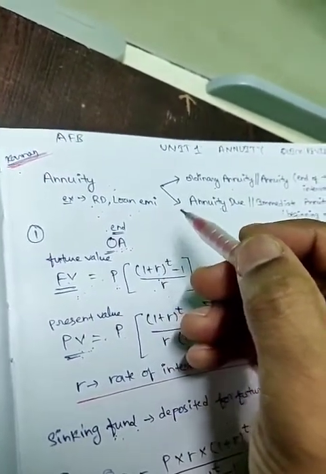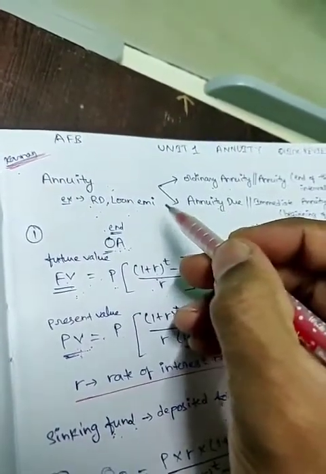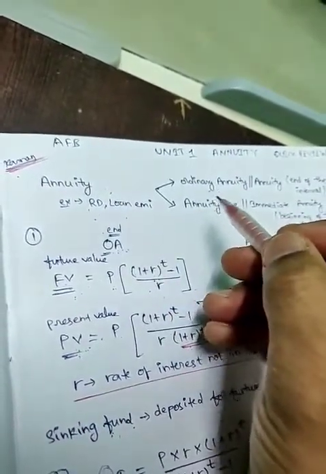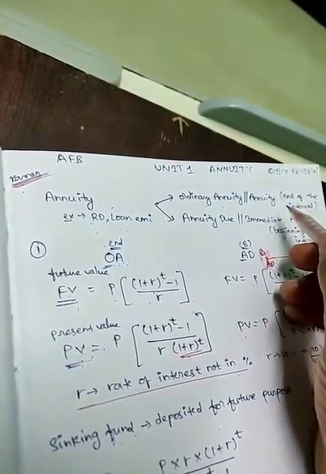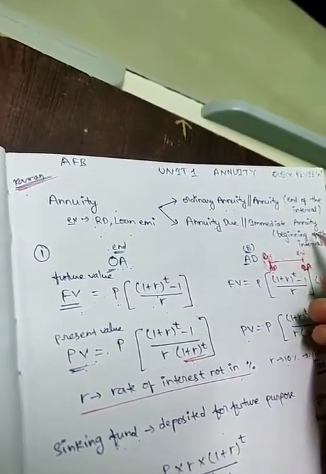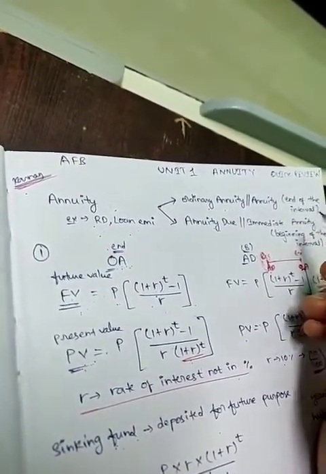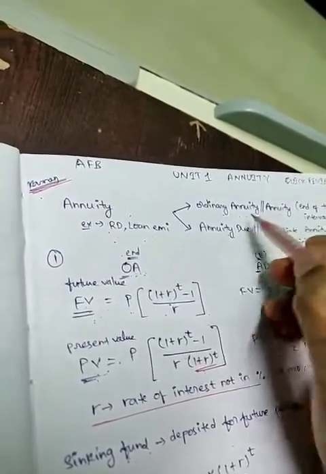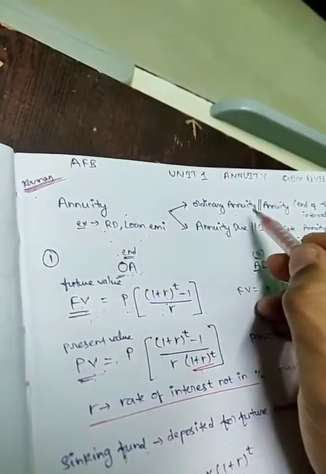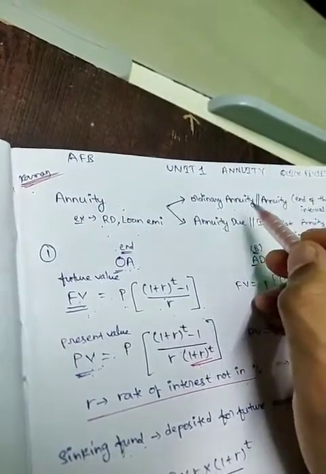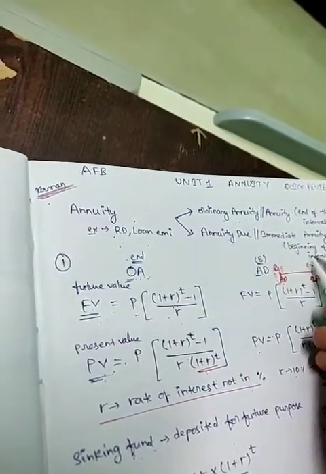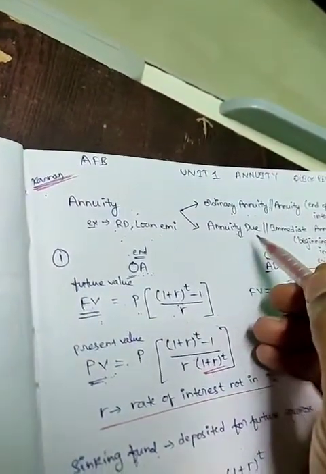Annuity is divided into two types based on whether we pay at the end of the interval or at the beginning of the interval. If we pay at the end of the interval, it is called ordinary annuity. If we pay at the beginning of the interval, we call it annuity due.